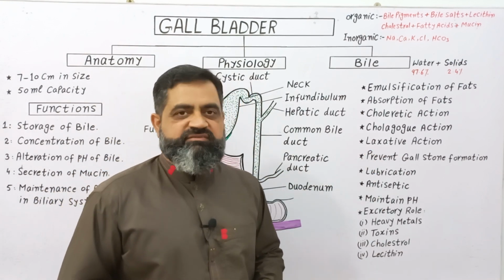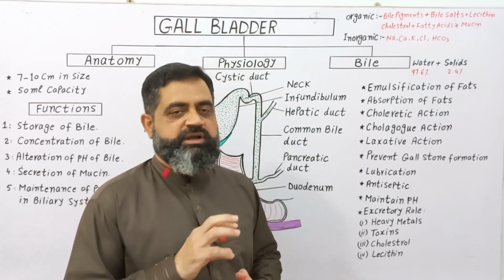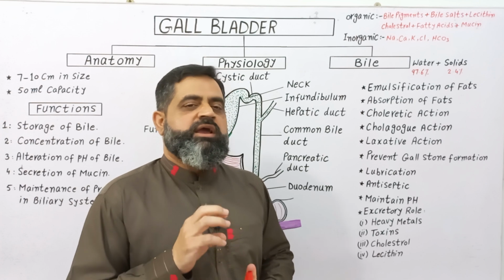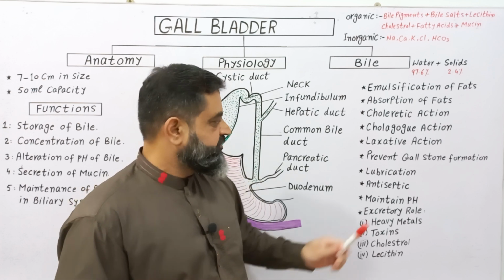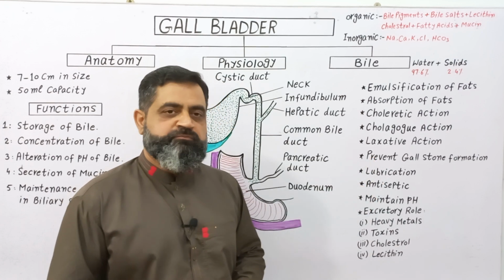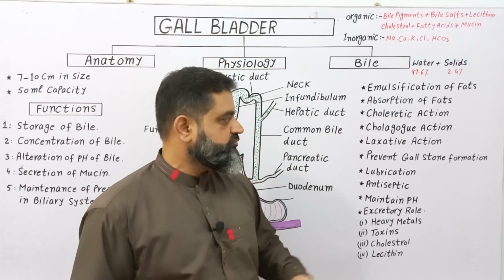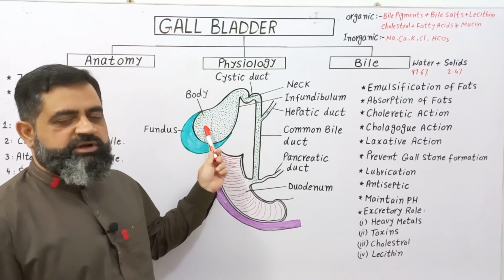Bile salts also have a laxative function, because sometimes bile also contains mucin, and bile salts along with mucin help prevent constipation. Bile salts also reduce the risk of formation of gallstones. So bile salts prevent gallstone formation in the gallbladder.